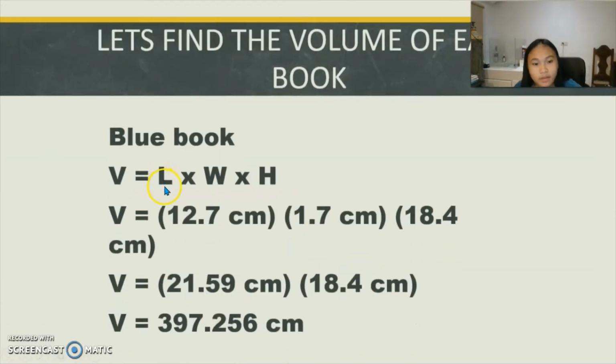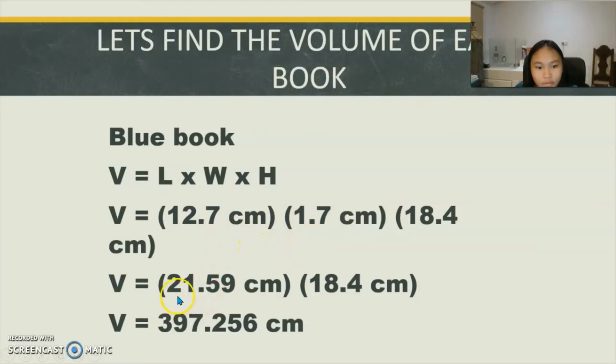Let's find the volume of each book. So this is the equation of the blue book. We are going to follow this volume, which is length times width times height, and these are its measurements. So we're going to multiply 12.7 centimeters to 1.7 centimeters.